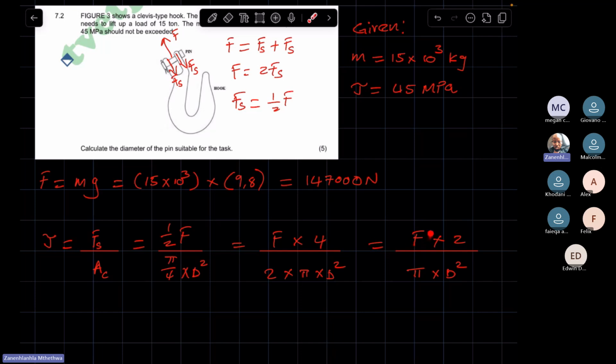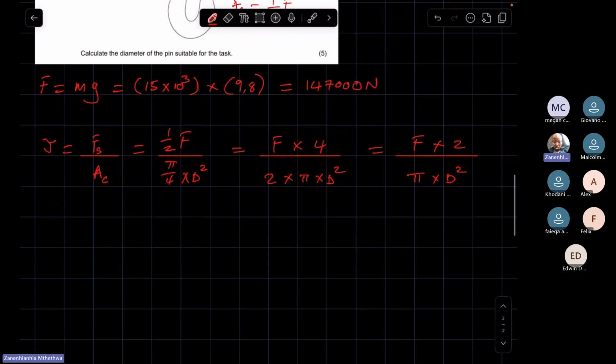You have the shearing stress, and we have this force, it is equal to what we just calculated. So all we need to do here is make d squared the subject of the formula. Making d squared the subject, you will have d squared is equal to force times 2 divided by the shearing stress times pi. How would you get it?